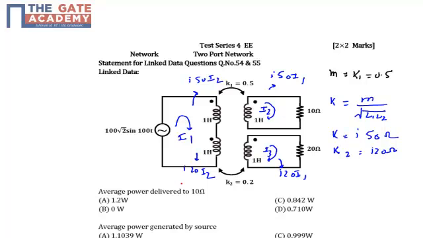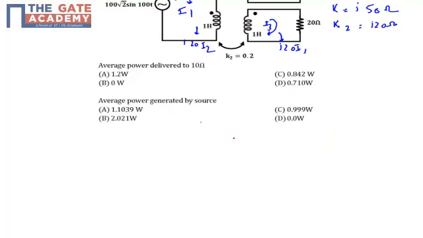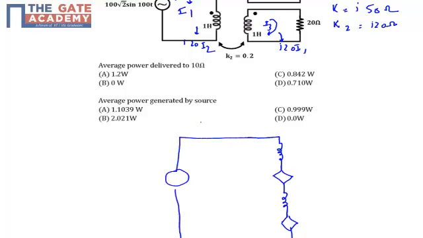Now if I draw the equivalent circuit diagram of this network, we have an inductor as always, then a voltage dependent source, another inductor, another dependent source, and a source generator.